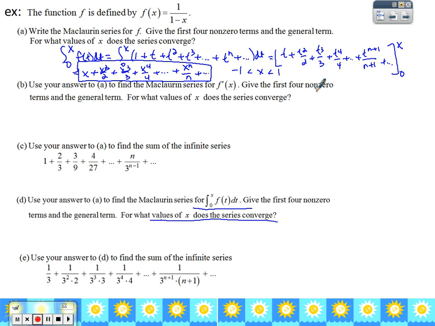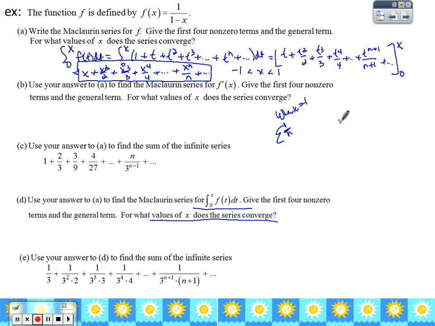So when x equals 1, we have this series. So we substitute a 1 in for x, we get that series. What's that series? Is that one going to diverge or converge? Diverges. A couple of different ways you can say it.